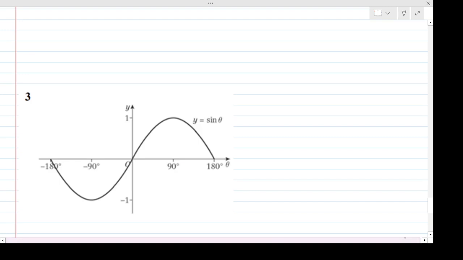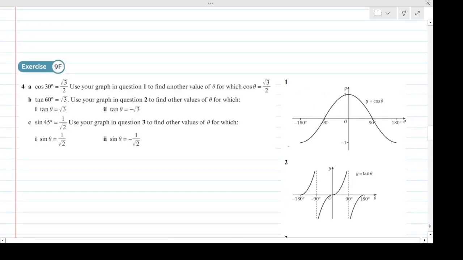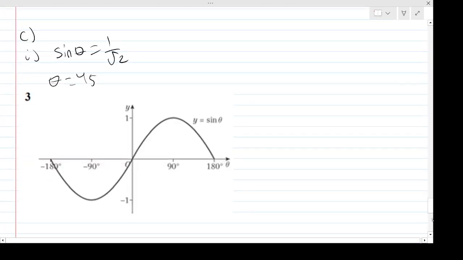Firstly, I need sine theta to be 1 over root 2. I already know that theta equals 45 is a solution. Yes, 45 degrees is already provided to be a solution here. So 45 degrees, if we mark it on our graph, will be there.